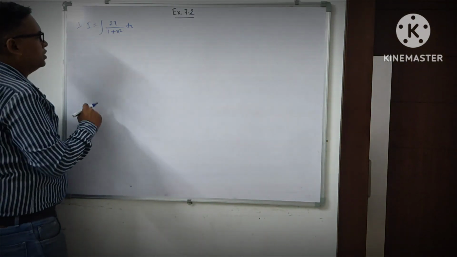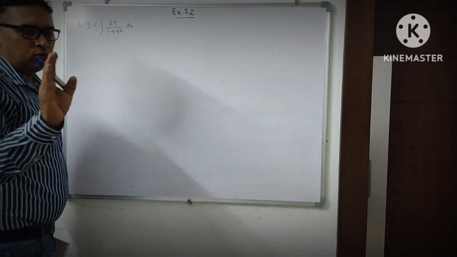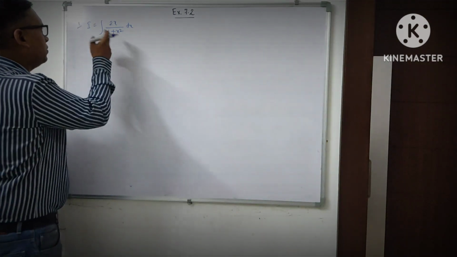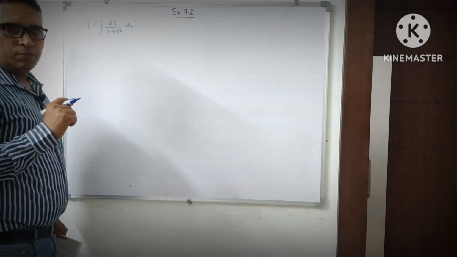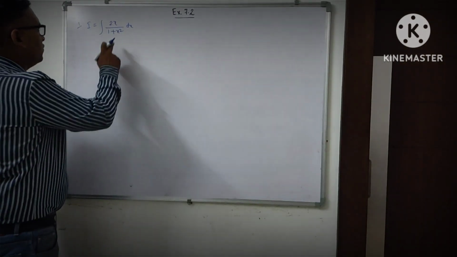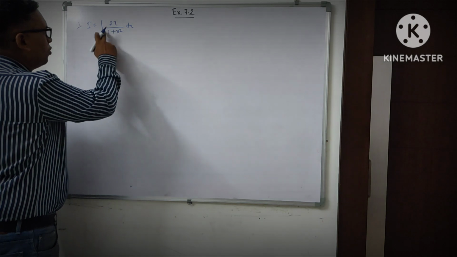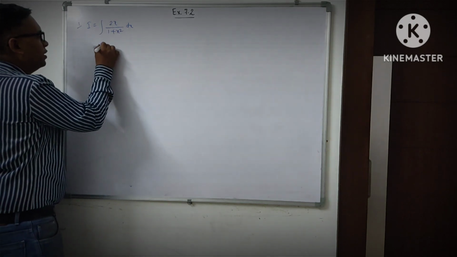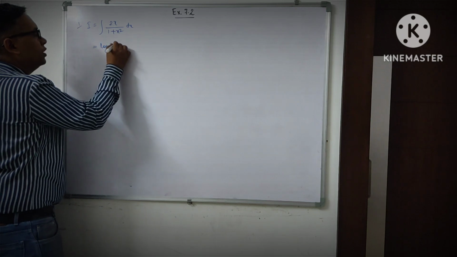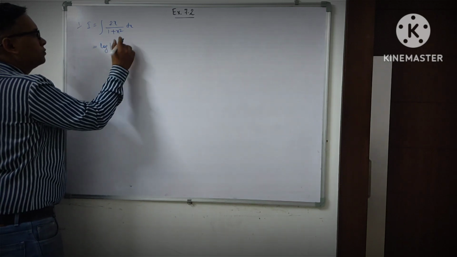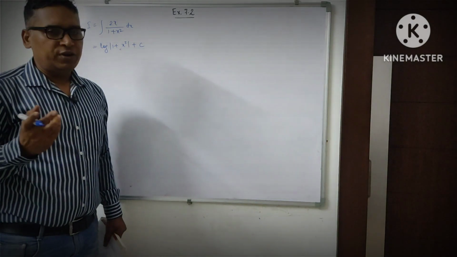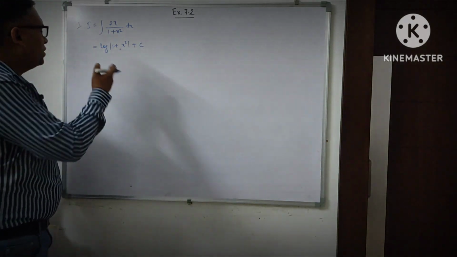If we take the differentiation, 1 would be 0 and the differentiation of x square is 2x, which is available in the numerator. So, if the differentiation of the denominator part is available in the numerator part, we can write directly log of the denominator part plus c, where c is a constant of integration. So easily we have obtained the answer.